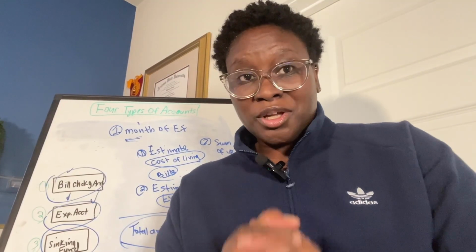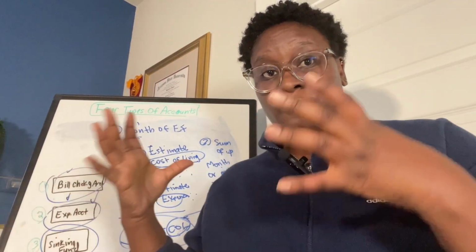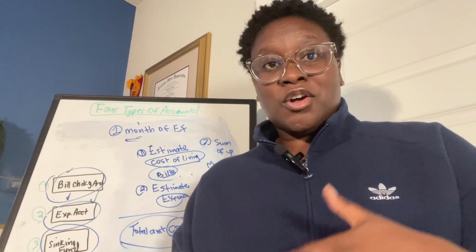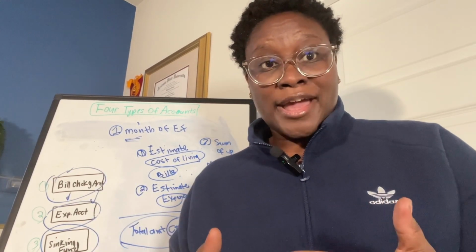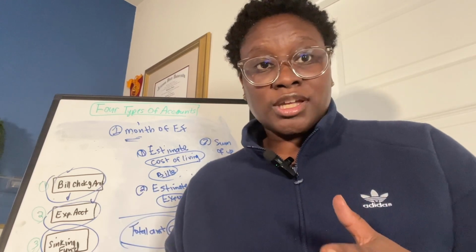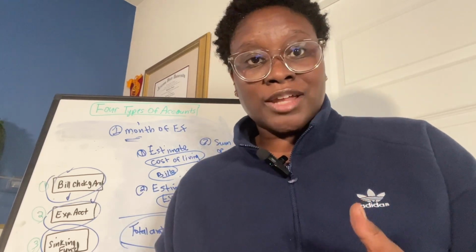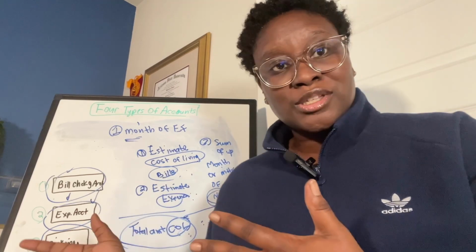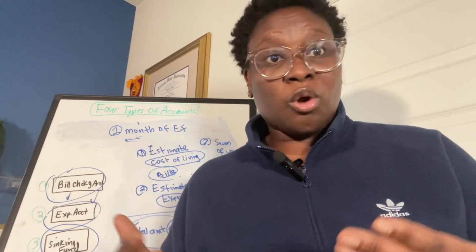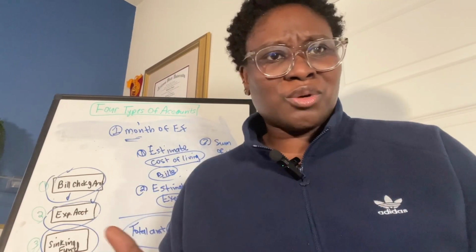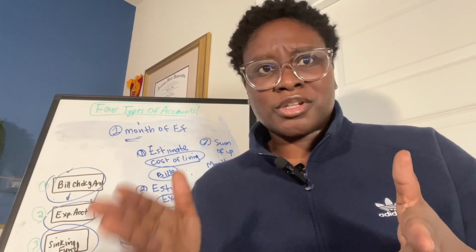That's it, folks. I really hope this video helped you guys to give you some visual representation of 4 types of accounts that you should have. Don't feel bad about your income. Don't feel bad about where you are in life. Everything is a stepping stone in practice. If you can only start with a bill account, just start with a bill account, separating your bills from your expenses.